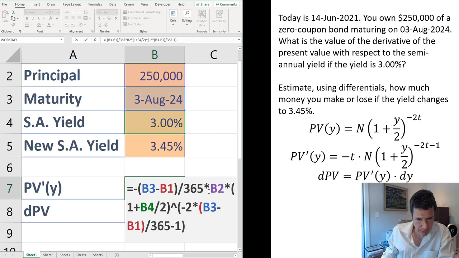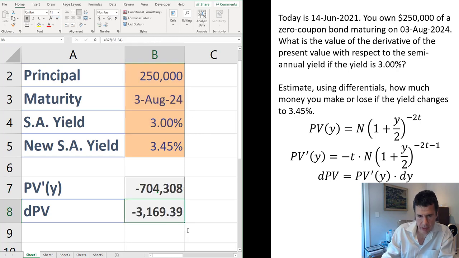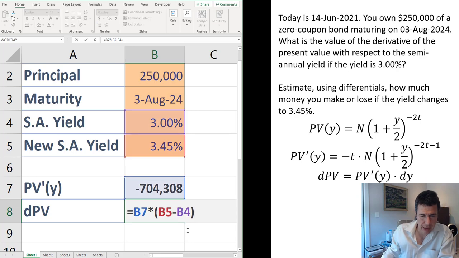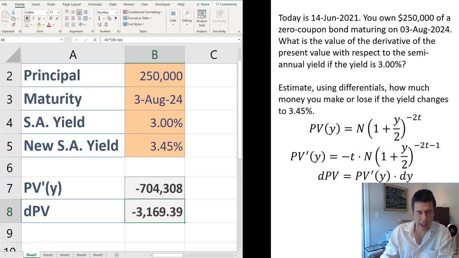Negative time, days over 365, so negative time times the principal times (1 plus the yield over 2) to the power negative 2t minus 1. And dPV is PV prime times the change in yields, so that's B5, the new yield, minus the old yield. And again, we'd expect this to be negative. When interest rates go up, bond prices go down.